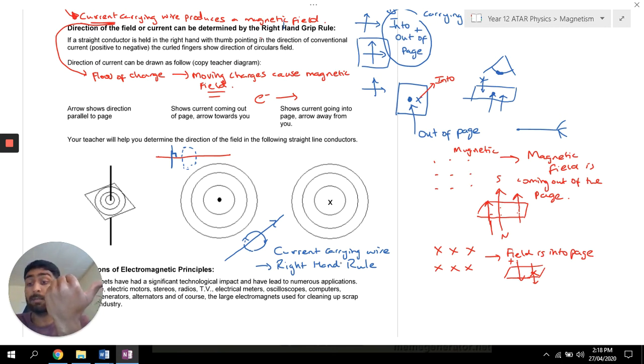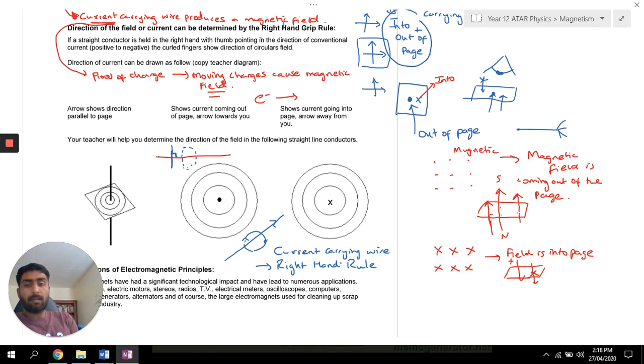And this works in opposite as well. If this is a magnetic field, then this will show me the way my current is moving. So you must use your right hand for this.